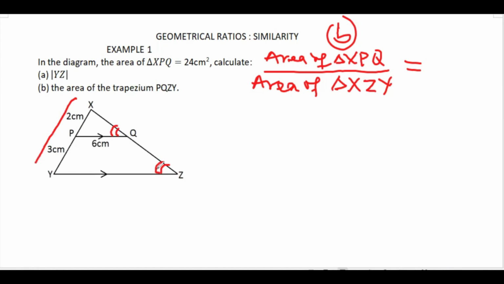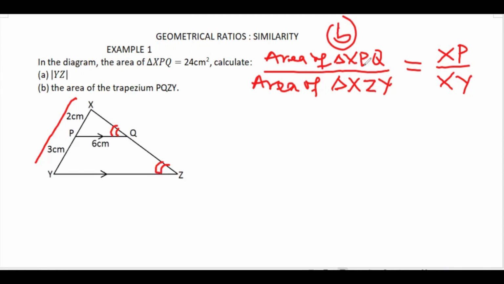That means the same thing as XP over XY. But one thing is that since this one is area, you know area is in centimeter squared and side is in centimeter. So to put the two on the same unit, if centimeter multiplies centimeter, it becomes centimeter squared.